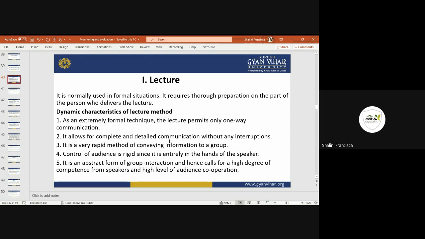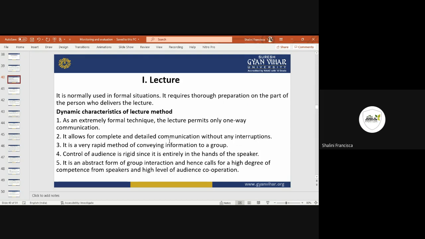Because these lectures are mostly given by experts who are already deeply involved in the topic, so interpretation is not given. If interpretation is there, then the way the lecturer is conveying may not be exactly consumed by the audience. It is a very rapid method of conveying information to a group.